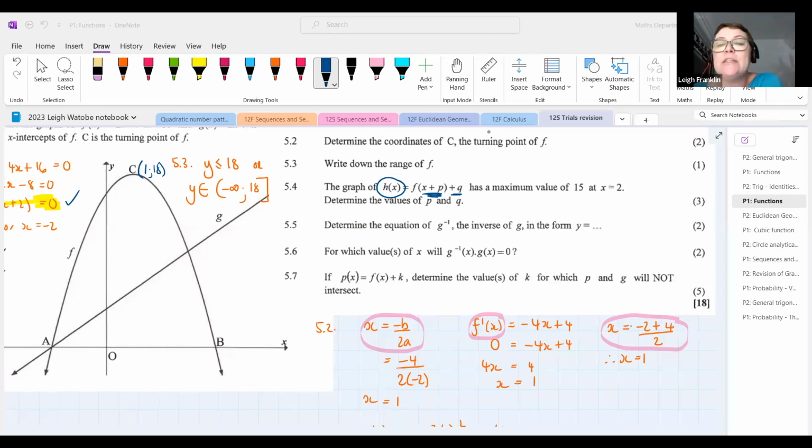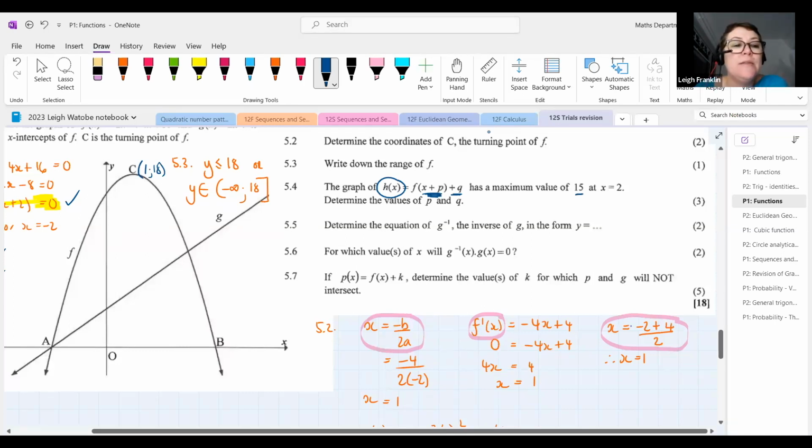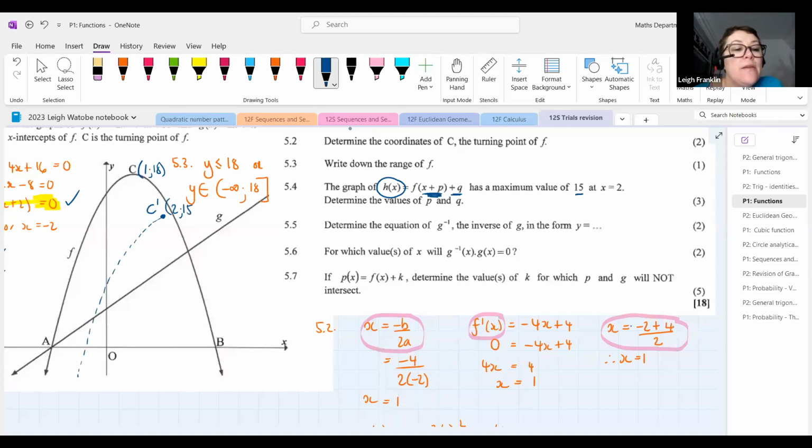So it has a maximum of 15 at x equals 2. Well, the current graph has a maximum of 18 at x equals 1. So in other words, this new maximum is somewhere over here to the right-hand side. Let's call it C prime, and its coordinates are 2 and 15. This graph is also downward facing.